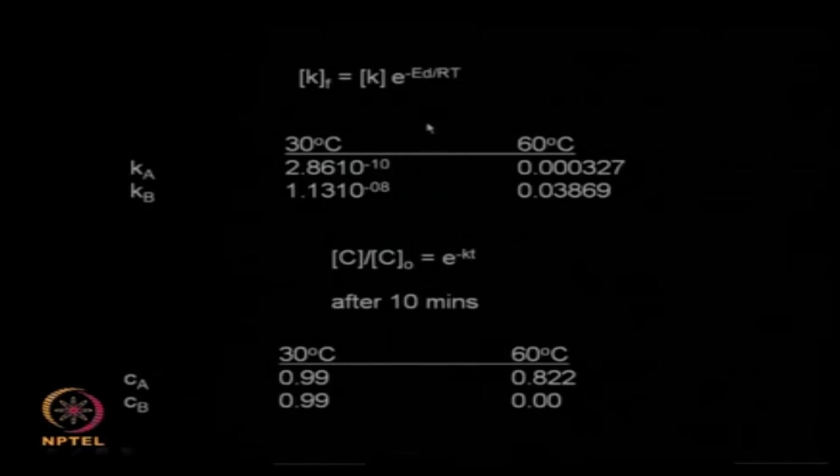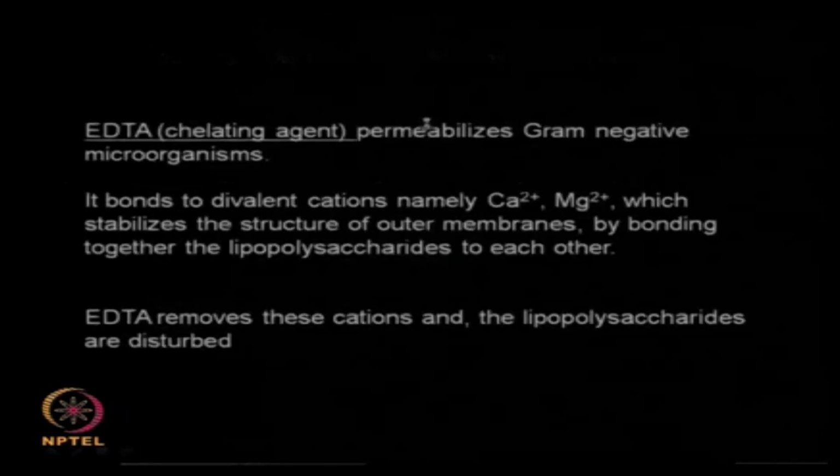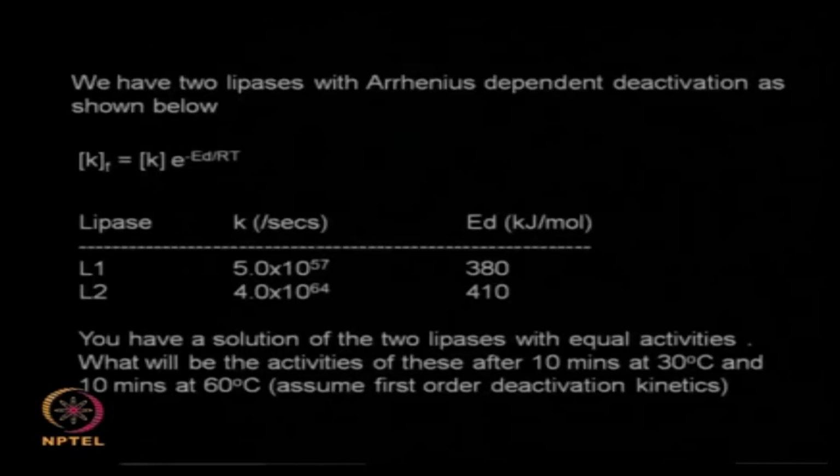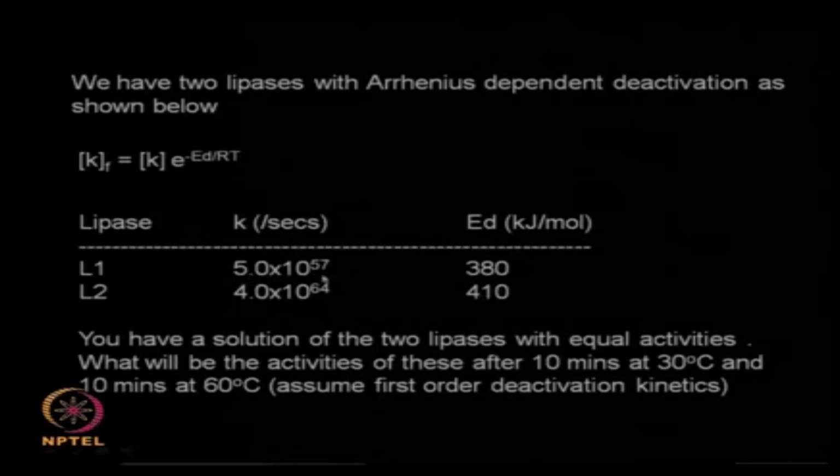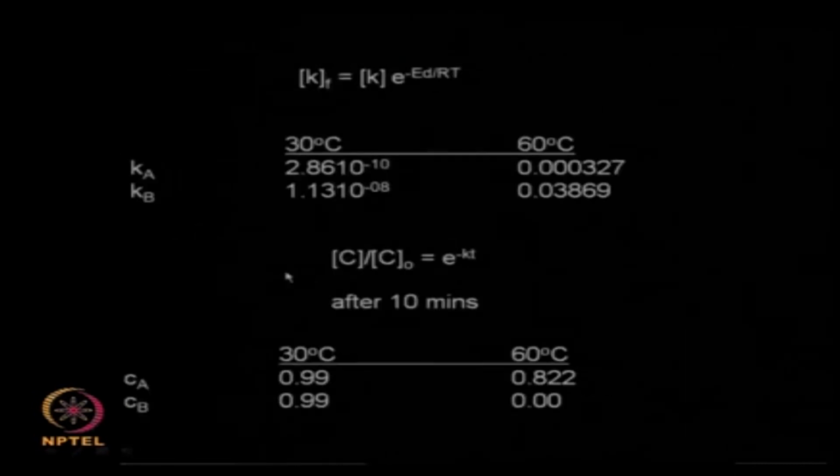The E values and the K values for lipase 1 and lipase 2 are given, so I can substitute and calculate the actual K. For the first lipase at 30 degrees I get the K as this, and for the second lipase at 60 degrees I get the K as this.